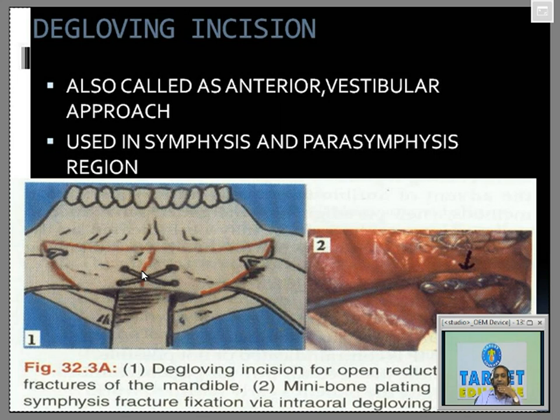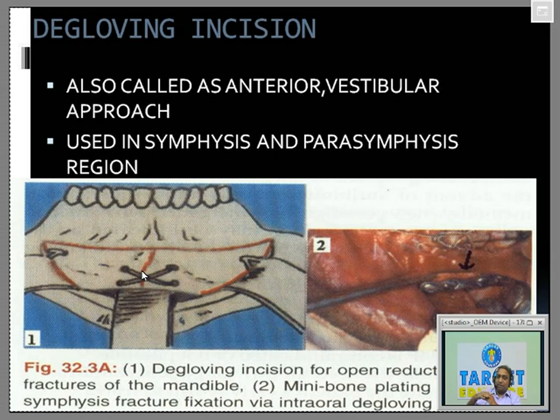Here you can see that whenever we are making an incision and we raise a mucoperiosteal flap, that is mucosa along with the periosteum, what we need to do is, when we close the wound, we need to suture the wound. Now there are two layers, one is subcutaneous tissue and one is the mucosa. So we need to suture mucosa to mucosa, subcutaneous tissue to subcutaneous tissue, sometimes muscle to muscle.